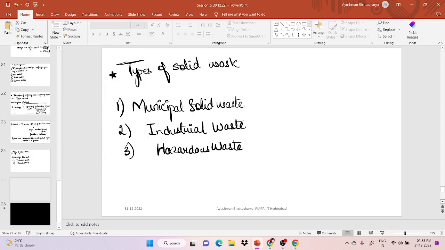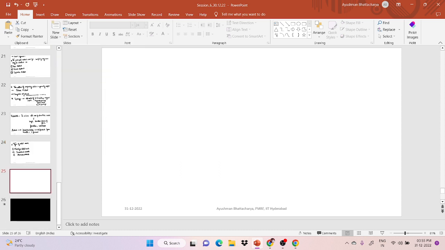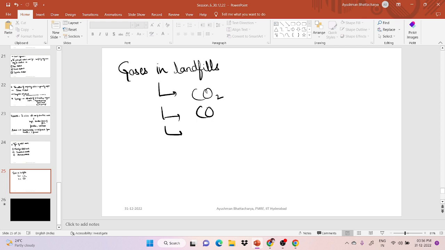Another thing: the gases found in the landfill include CO2, carbon monoxide, ammonia, hydrogen sulfide, nitrogen gas. Most common is methane.